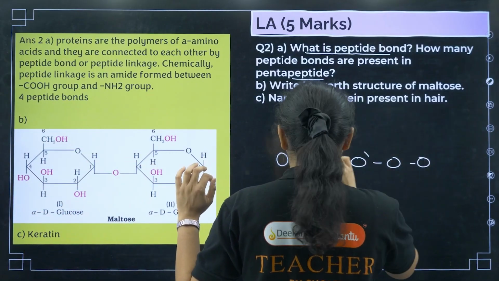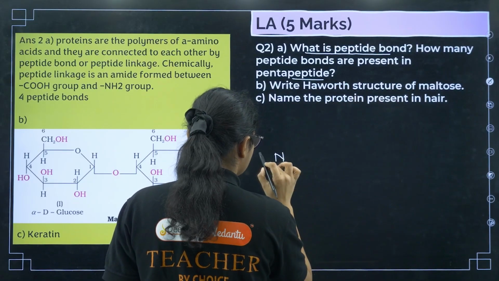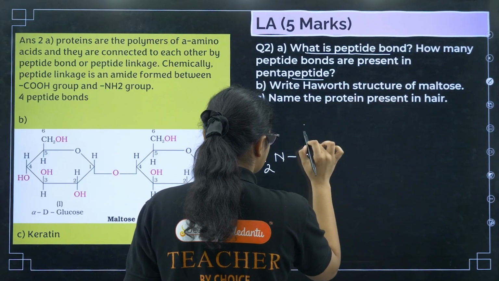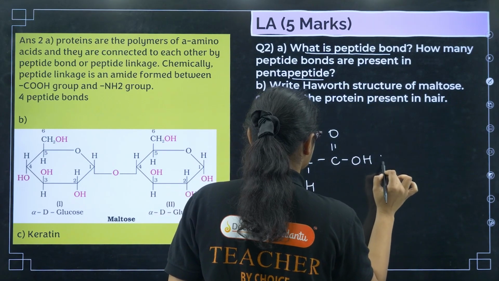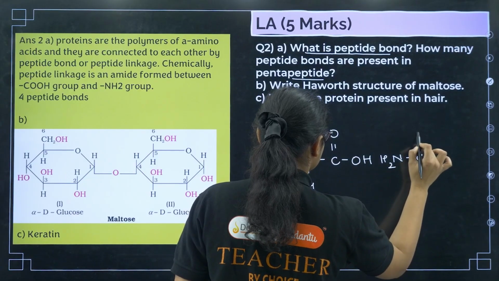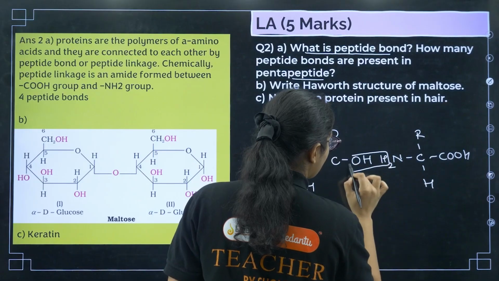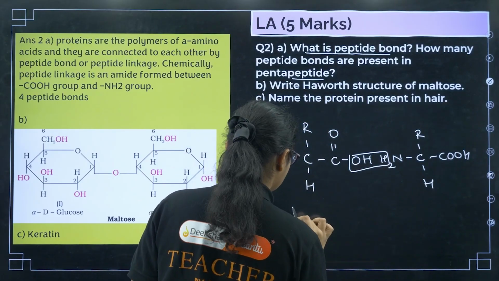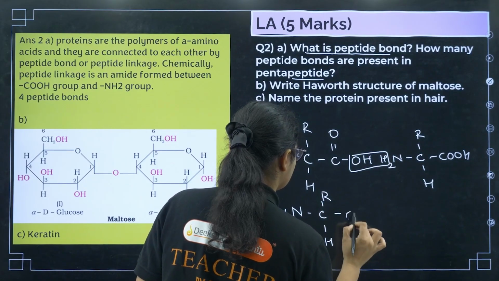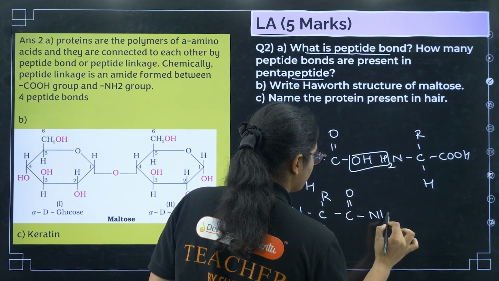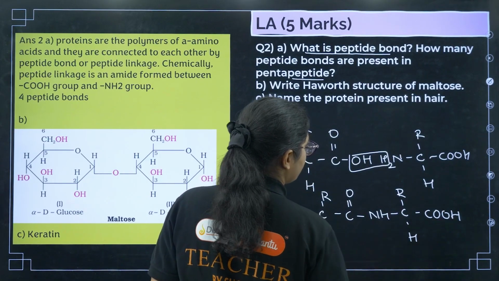Here you can also show how this peptide bond is formed. For example, I have NH2 CHR COOH and another NH2 CHR COOH. Now what will happen is H2O will be removed and you will get NH2 CHR C double bond O NH CHR COOH.